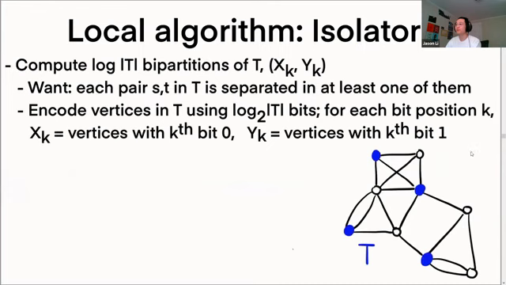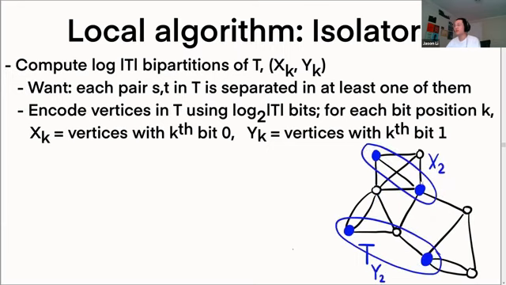So here's the algorithm. Again, we are given as input the subset of vertices T. We're going to compute bipartitions of T, some log T many times. We want the bipartitions such that any pair s and t is separated in at least one of the bipartitions. For example, we can compute x1 and y1 like this, and x2 and y2 like this.